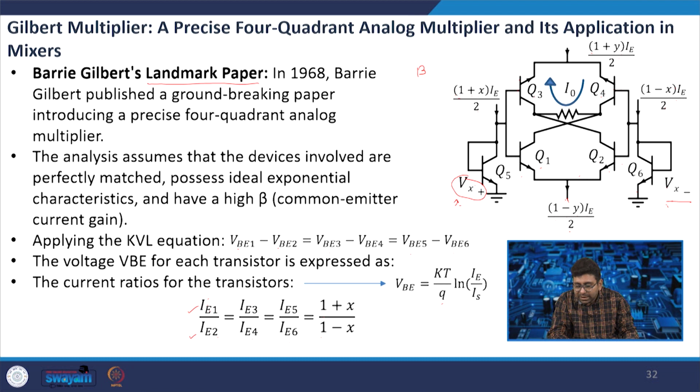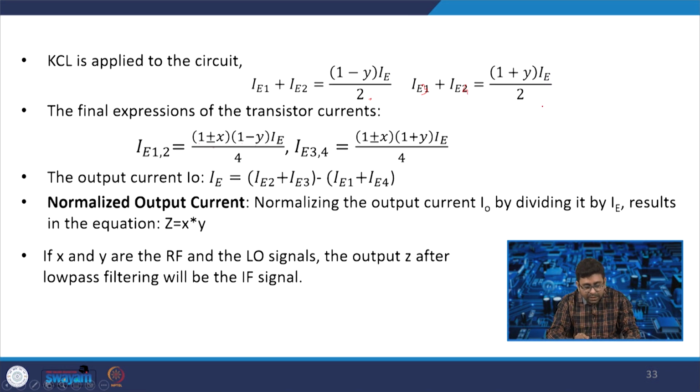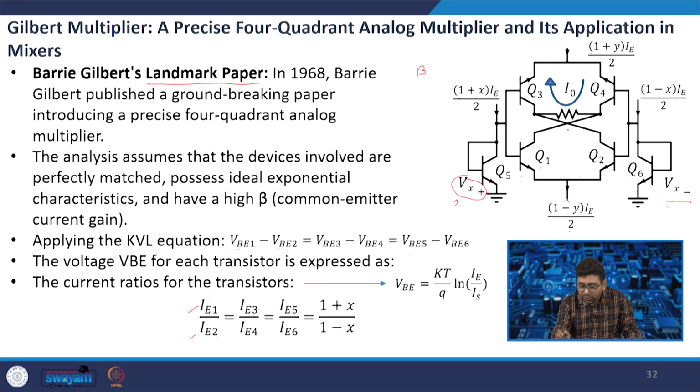Your total current I_o is a combination of currents. You can see that the currents from 3 and 2 are added, and the currents from 4 and 1 are added, and the difference of these is taken. Because 2 and 3 are connected at this node, 2 and 3 are added and 1 and 4 are added.